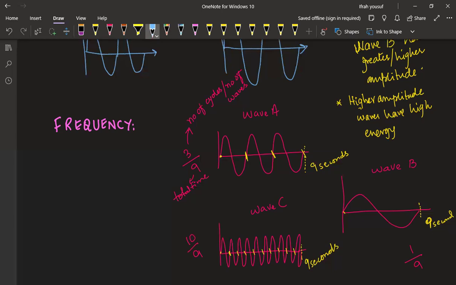On the basis of this concept, we are going to understand the definition of frequency.